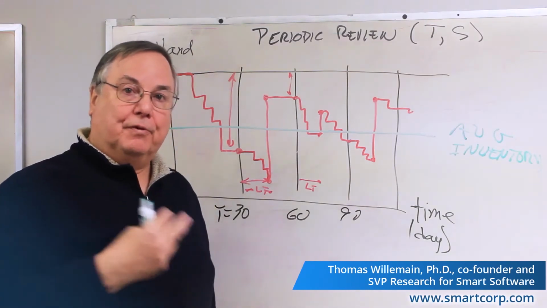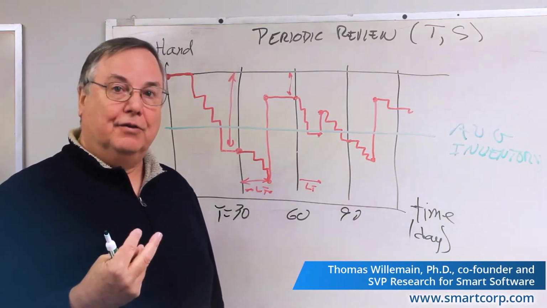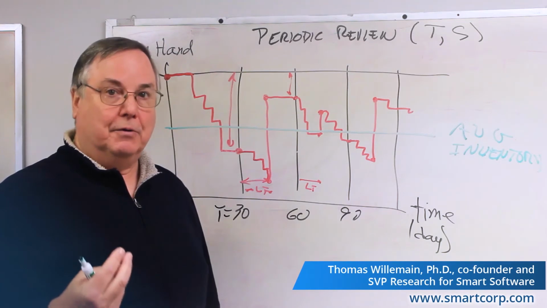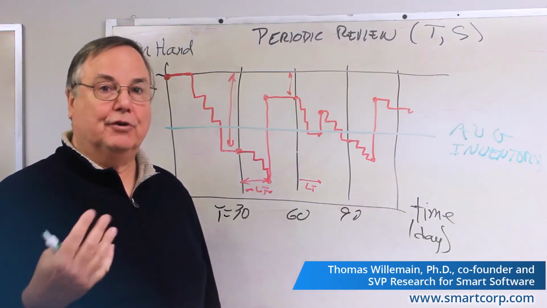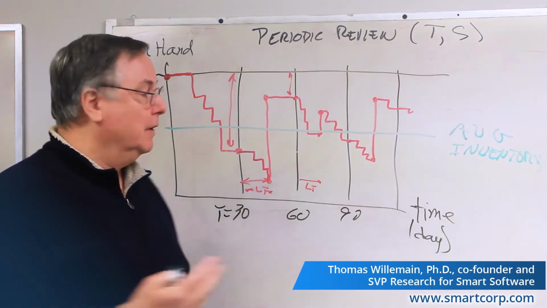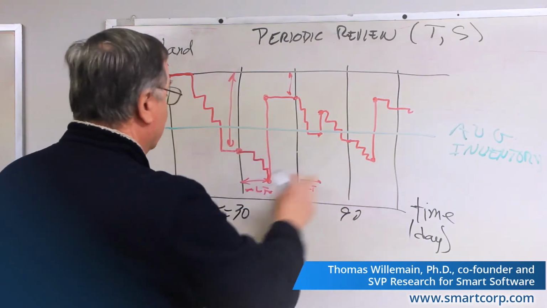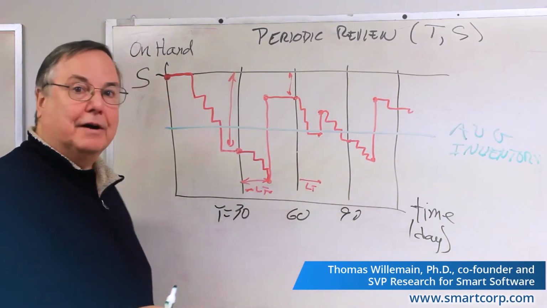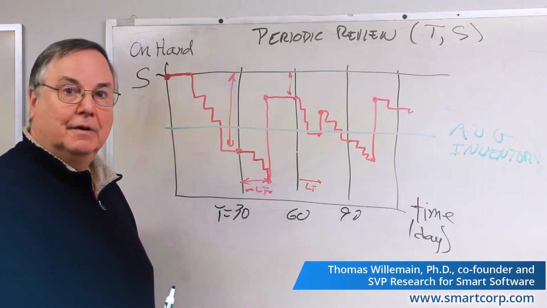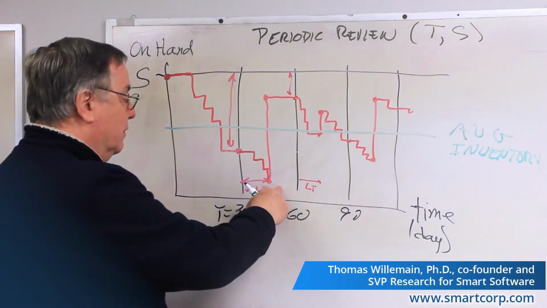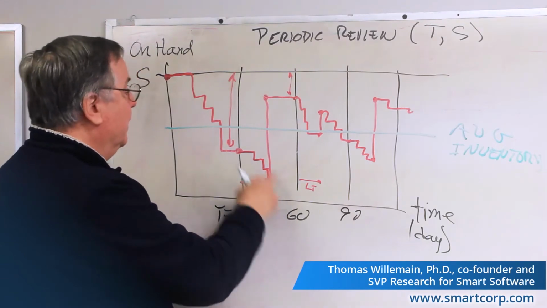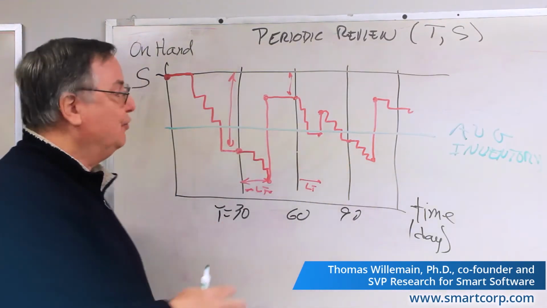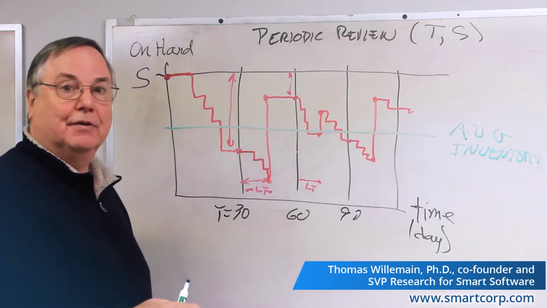And the final performance metric is, what's your stock out risk? What sort of service level do you have? And if we look at this picture, we've gone through 3 cycles where there was never a stock out. So the stock out probability is 0, and the fill rate is 100%, at least for these 3 months.